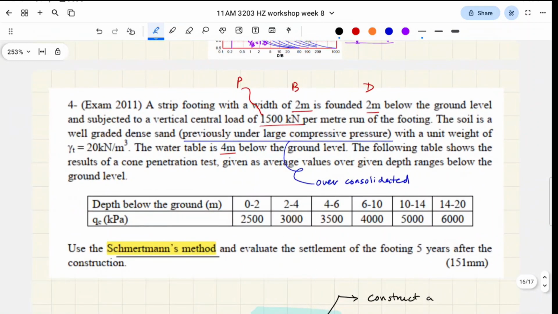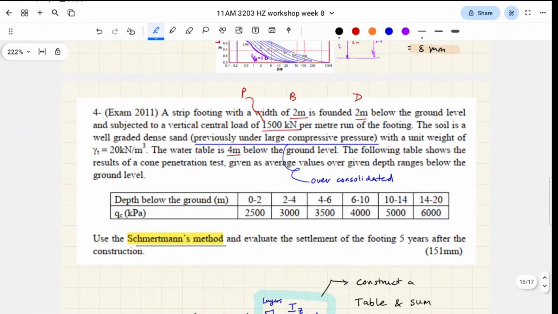Okay, so here's the way it works. We have a strip footing, and we know its dimension B, and it's a strip footing, so it runs into the page. It's 2 meters below the ground, and its column is loaded with 1,500 kilonewtons per meter run.